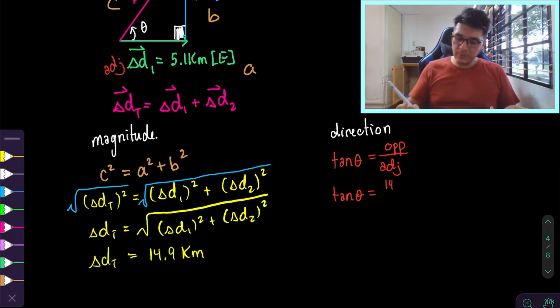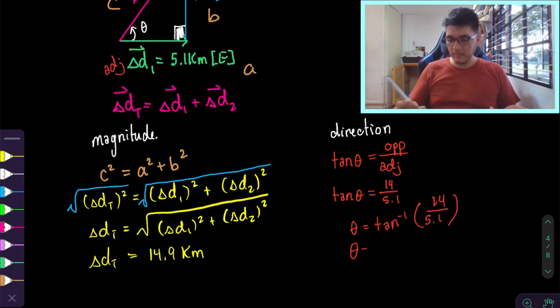So we have 14 over 5.1. Taking the tan inverse on both sides, we get the angle is approximately 70 degrees.